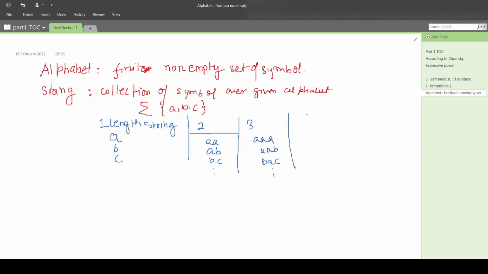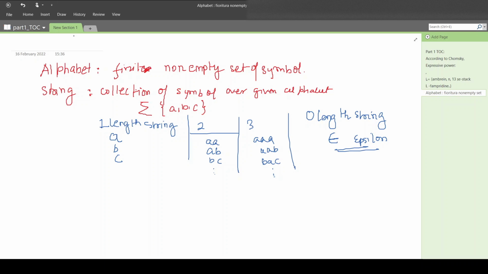But the important thing over here is the zero length string, that is also included, which is represented by epsilon. We generally forget about this, but it is an important part.